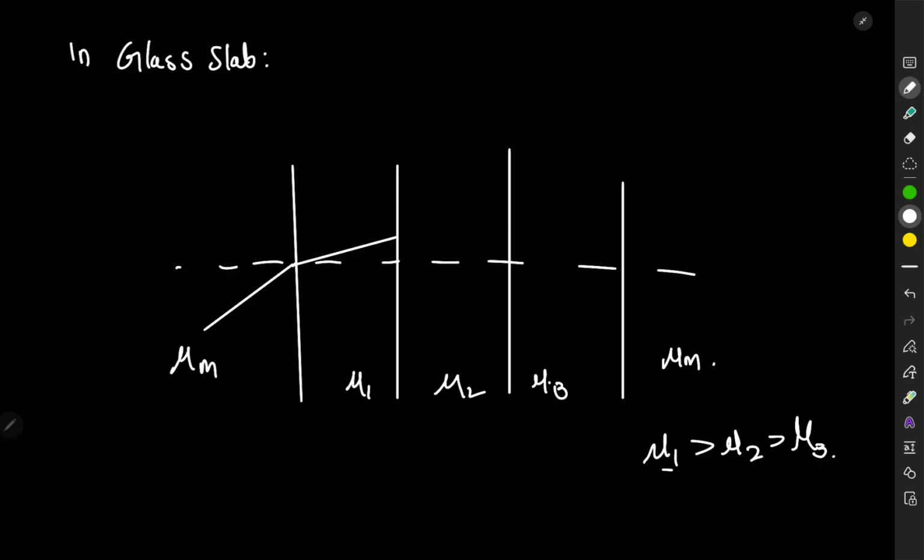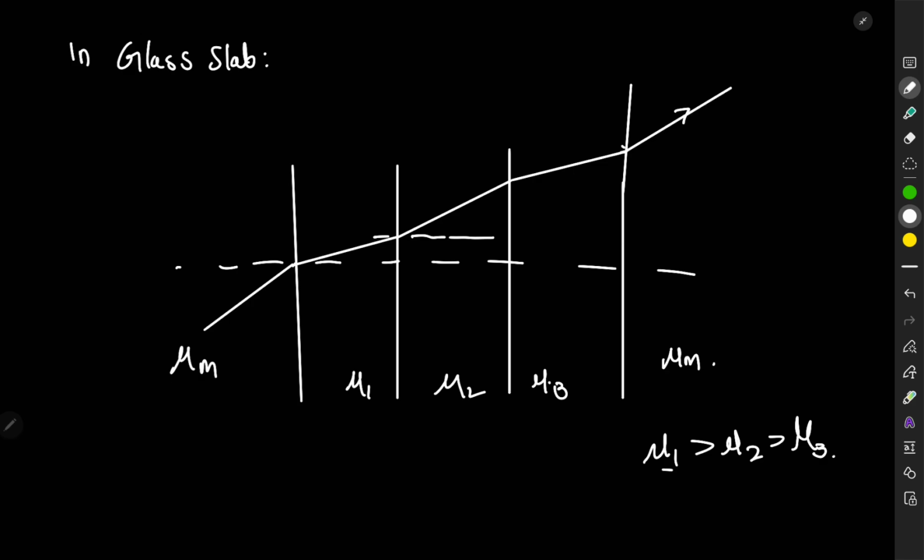and given that mu 1 is greater than mu 2, which means it's going from denser to rarer, it's going away from the normal. Similarly it's going away from the normal. At last it will go like this.